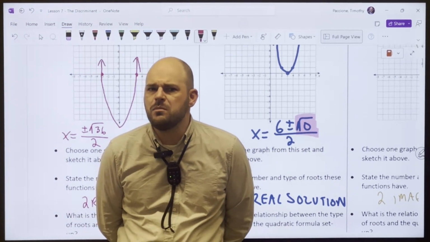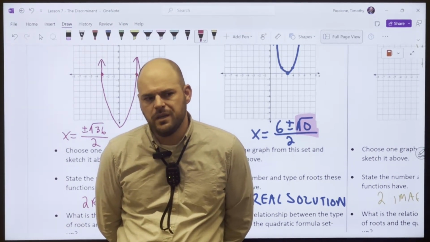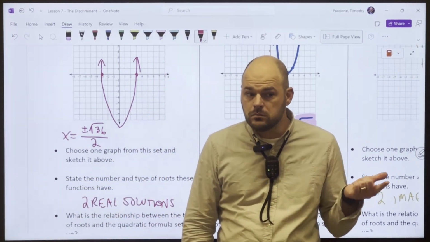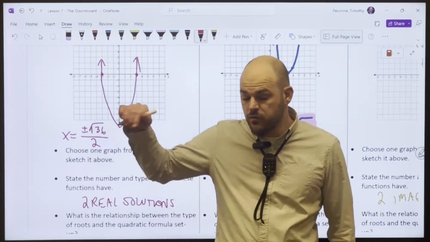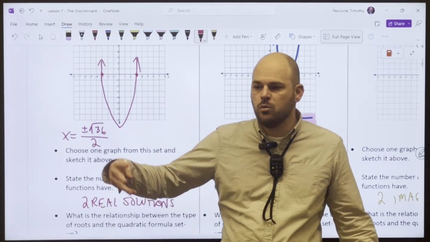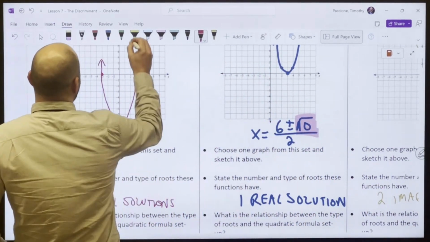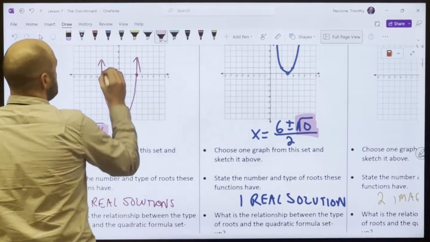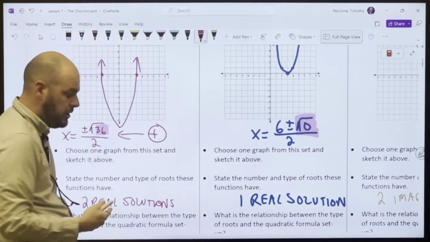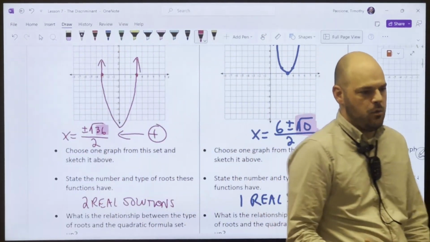So it doesn't have to be a perfect number, although we'll talk about what it means if it is. But think about it. All the imaginary ones were negative. All of the one solution ones were 0. What's the only thing that's left? Positive. So if you have a positive under the square root, you know that you'll have two real solutions, right? So that's our takeaway.